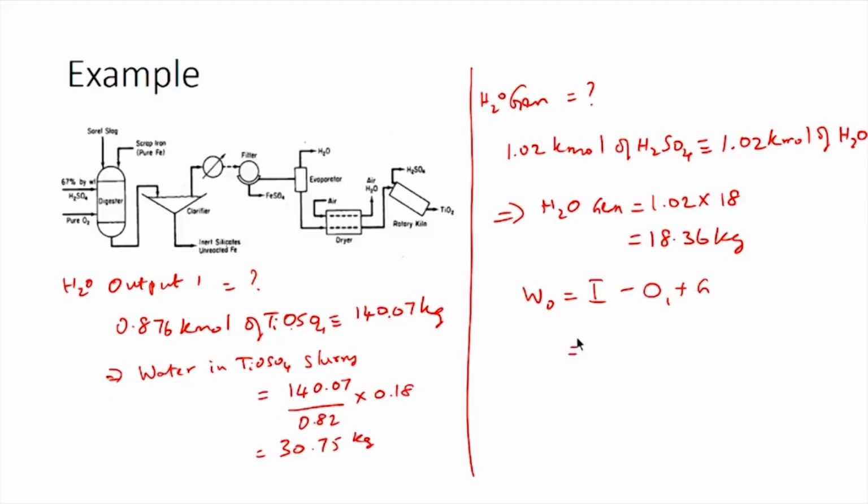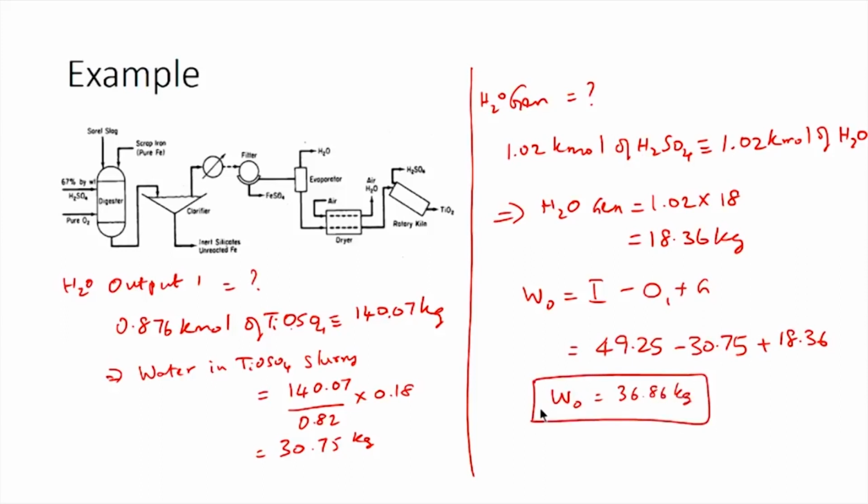So, the input value is 49.25, output is 30.75 and your generation is 18.36, giving you a total amount of water leaving the system as 36.86 kilograms of water vapor leaving the evaporator. So, with this we have calculated the first part of the problem.